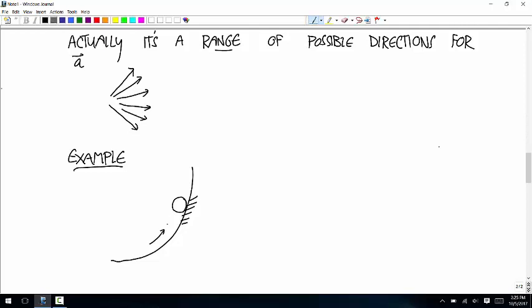So the path that the ball is traveling would look like this. The velocity vector is tangent to that path. So like that. Would it be speeding up or slowing down? Well, it's going up the ramp, so yeah, it's slowing down. And so there's the parallel part of the acceleration.